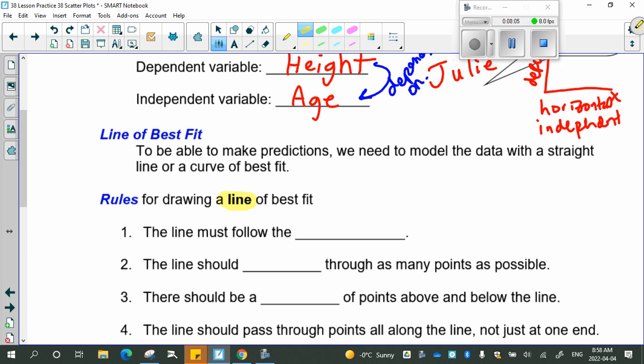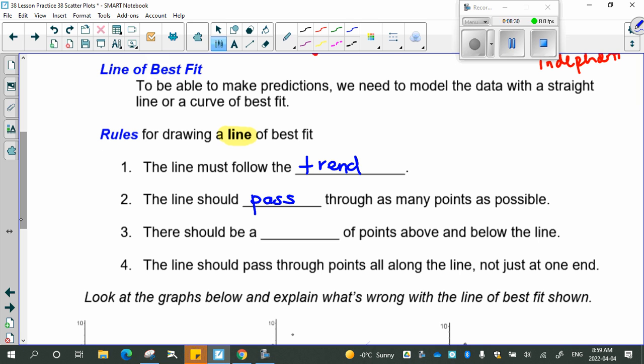So the line must follow the trend. Okay, the line has to follow the trend. So these are the rules for drawing the line of best fit. The line should pass through as many points as possible, although sometimes it's not possible based on the other things that we have to take into consideration.